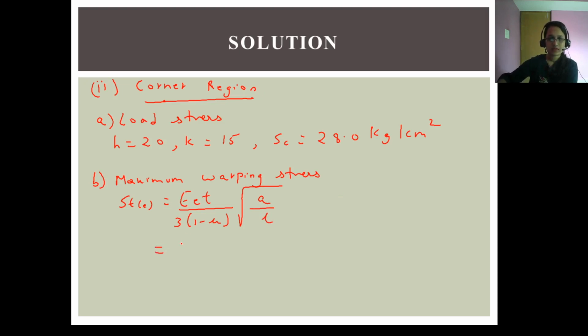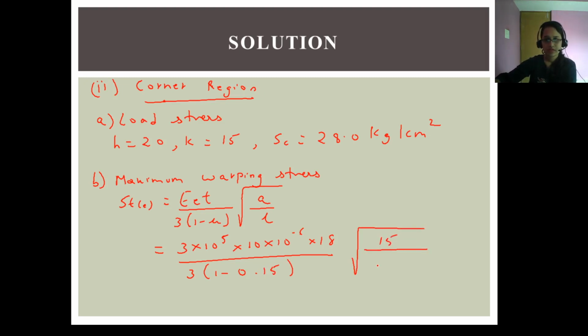E we know as 3 into 10 raised to 5, small e is 10 into 10 raised to minus 6, t is 18, 3 into (1 minus 0.15), a value is given as 15 upon 60.8. So this will work out to be 9.15 kg per centimeter square. So this is the maximum warping stress.